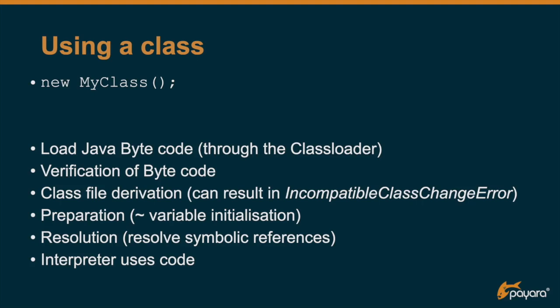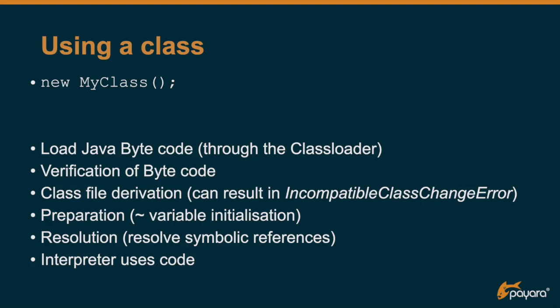Then a second step is the class file derivation, which can result in that incompatible class change error, which some of you already encountered. In this step, the statements are verified.